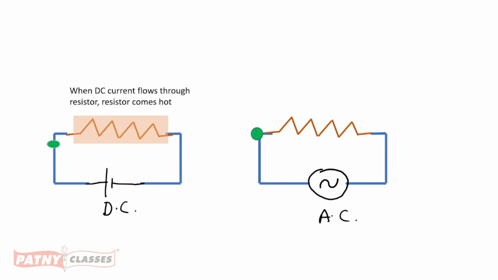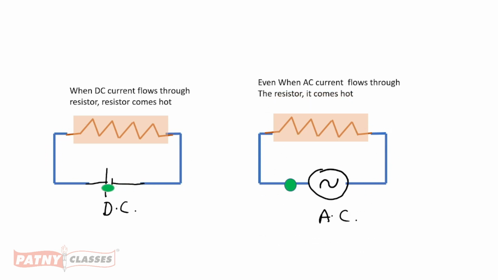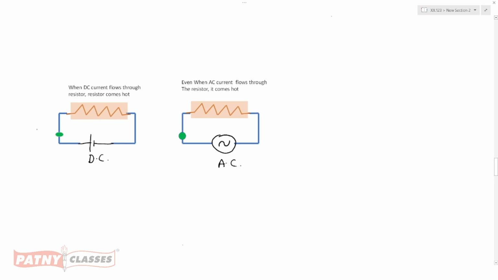Even in the AC circuit, when the AC current is flowing through the resistor, it becomes hot. This idea we can utilize to define and understand the RMS value of current and voltage. Let us denote the DC current flowing through the DC circuit by IDC, and the current flowing through the AC circuit by IAC.